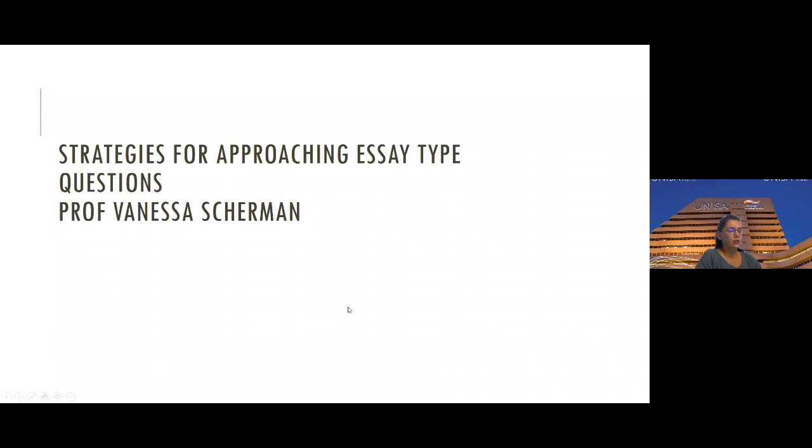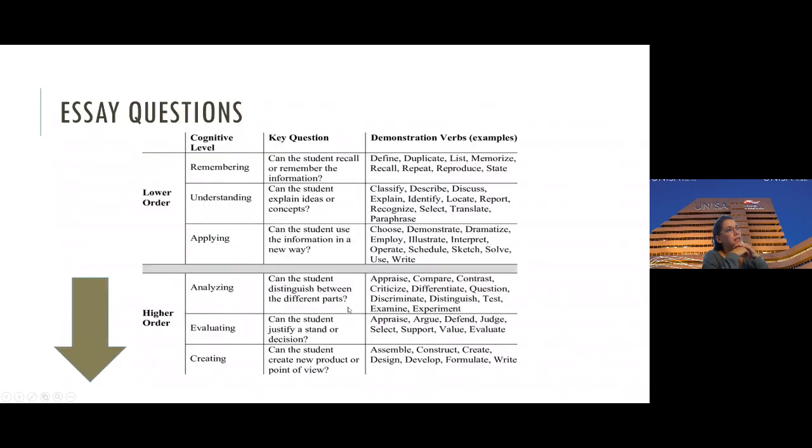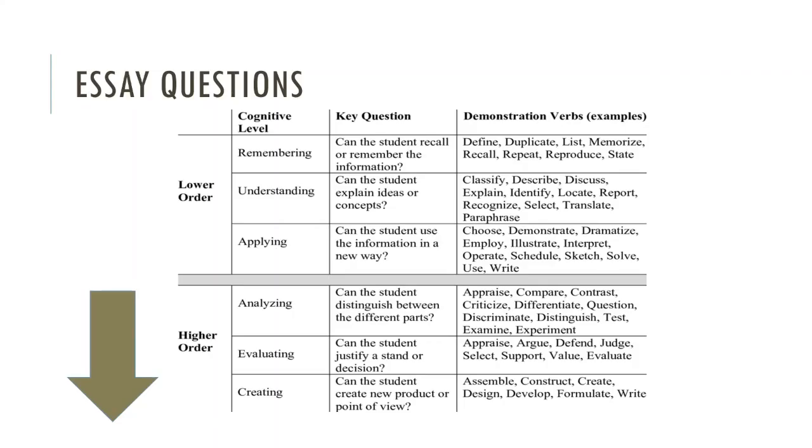If we have to start to think about essay type questions, I think it's very, very important, and Dr. Govender spoke a lot about these command words. So if we start to think about an essay type question, it's important to realize that what we are really looking at is higher order thinking. The focus is on analyzing, evaluating, or perhaps even creating information.